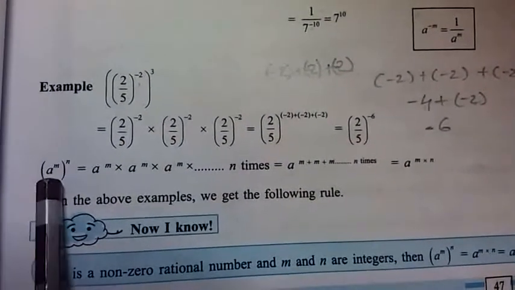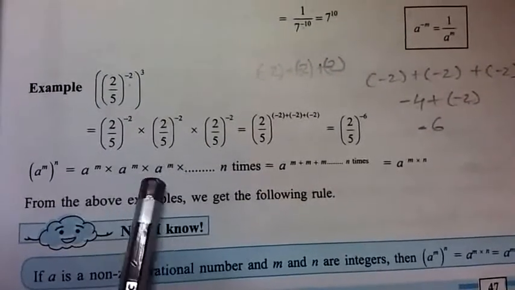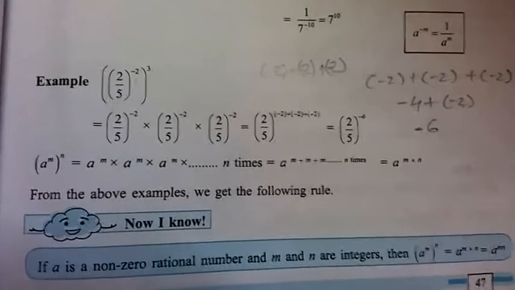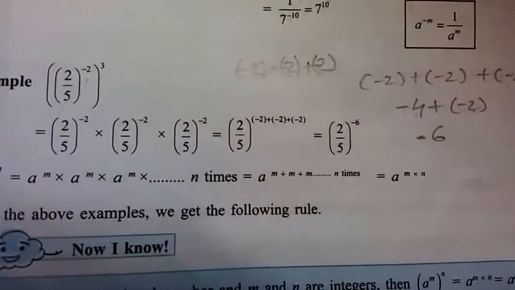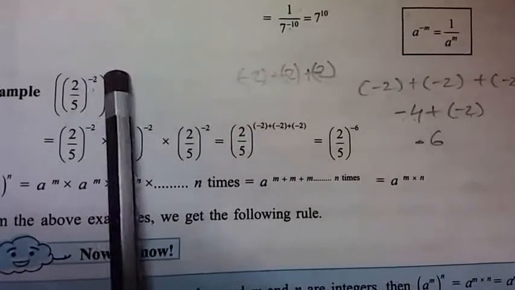Means (a raised to m) raised to n is equal to a raised to m, n times. Means a raised to m multiplied by n. These indices, what will we do with them? Multiplication.